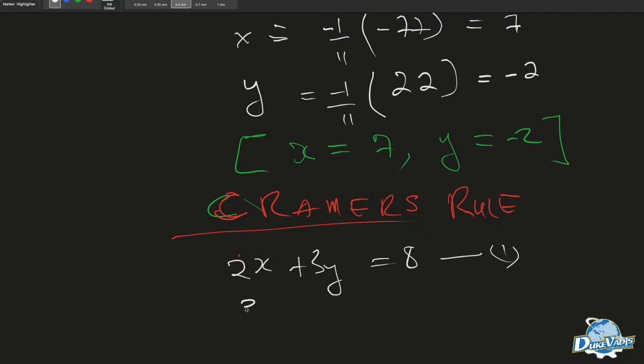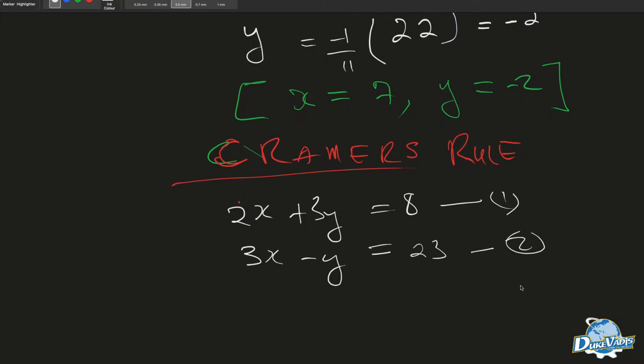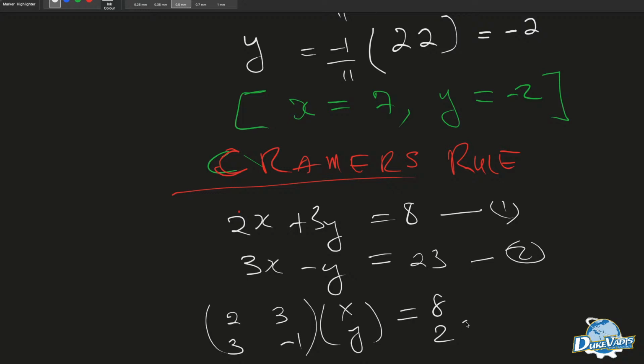And the next one is 3x minus y is equal to 23 as equation 2. With Cramer's rule, we still have to write the equations in the form of a matrix, then we'll be able to solve for the values of x and y. Let's see why students prefer this instead of all the methods mentioned earlier. So this will be 2, 3, 3, negative 1 times xy is equal to 8, 23 again.